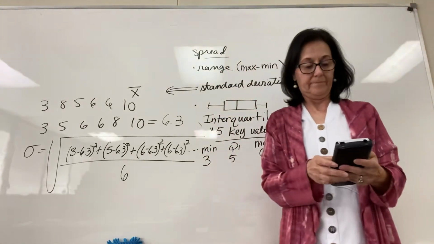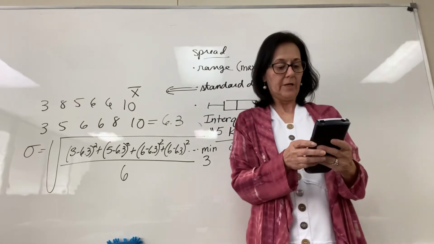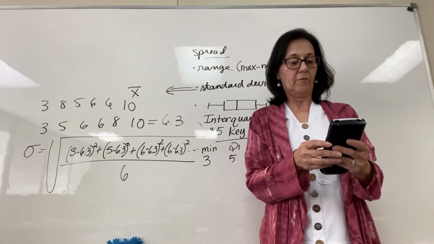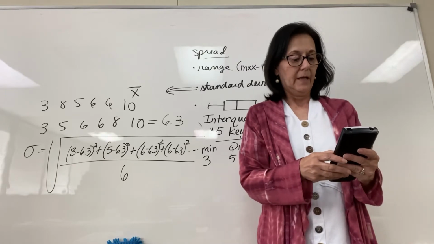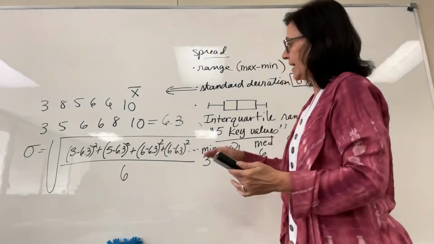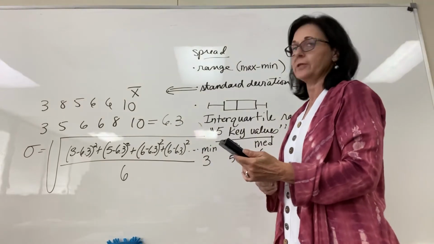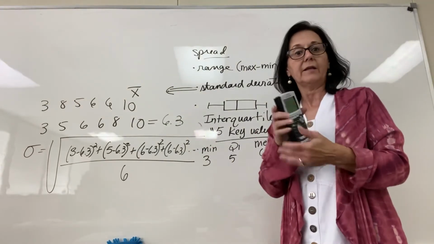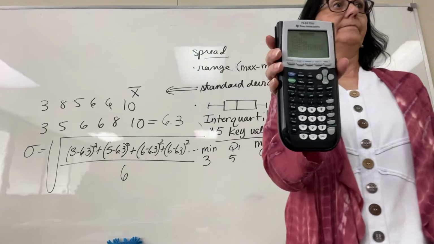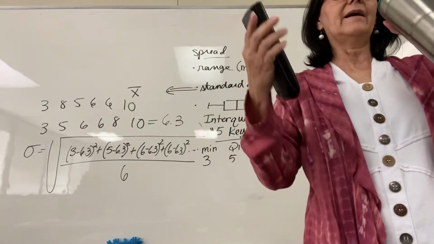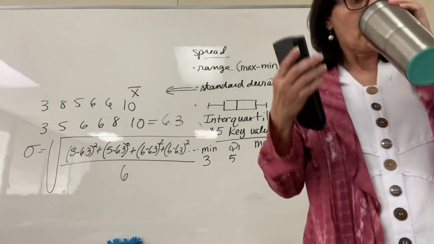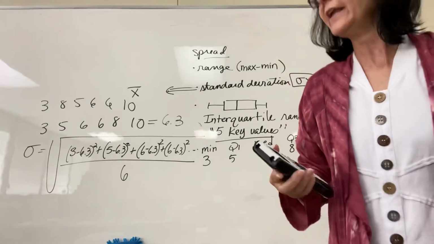Or, if you go to your calculator, it has calculated it for you. And the standard deviation for this is 2.21. Do you see that in your calculators? Go to your calc. Stat, calc, down, down, down. We had changed it to, change that 100 back to 10.